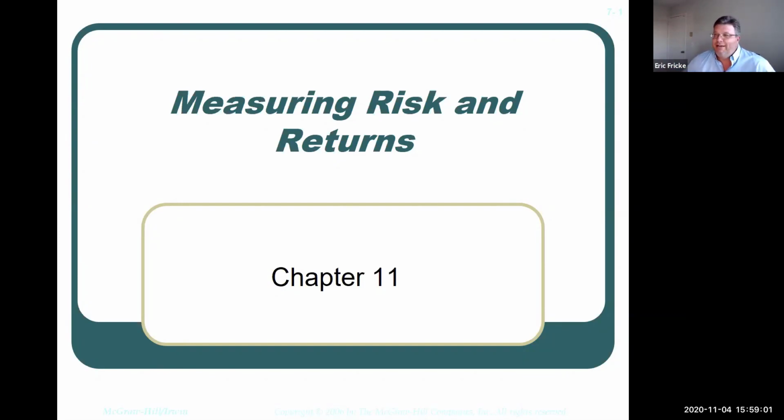All right, let's talk about risk and returns. We're going to go through a change now. The last couple of weeks, we've been talking about how to analyze investment projects by estimating cash flows and the NPV, right? Now we're making a change, because up to now, we've taken the discount rate that we use in calculating NPV as it's been given.